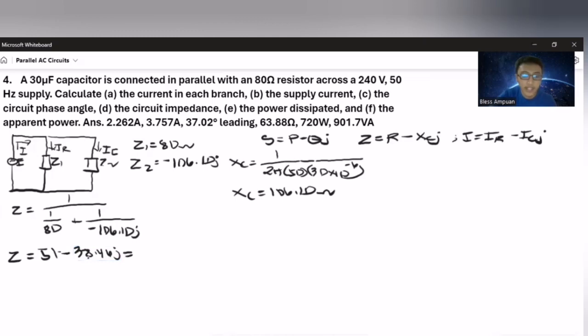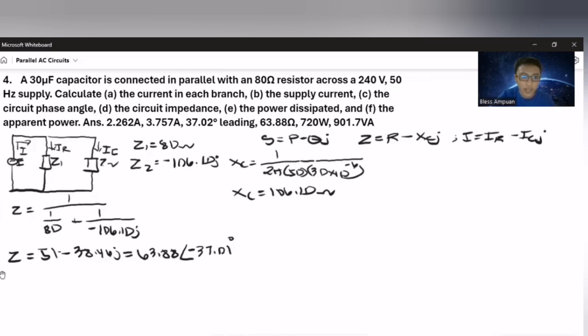So if you convert this, it equals 63.88 angle of negative 37.01 degrees. Again, this is already our phase angle.